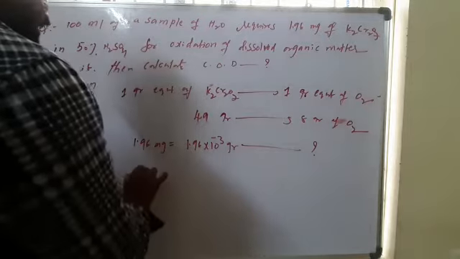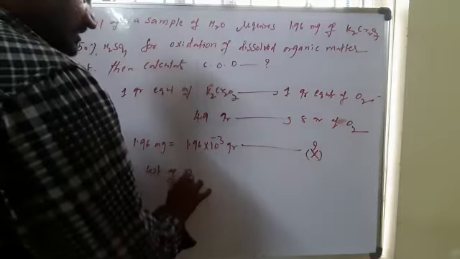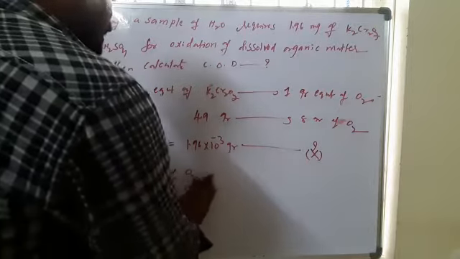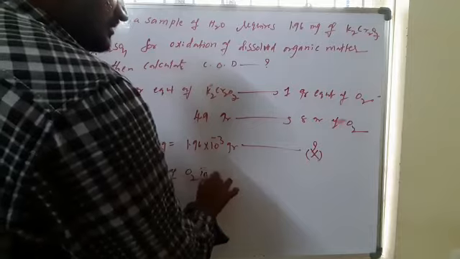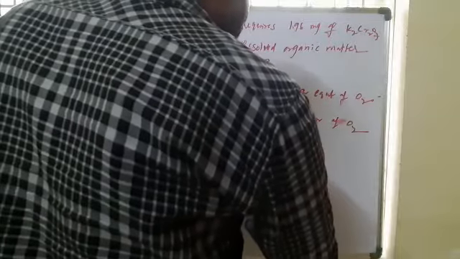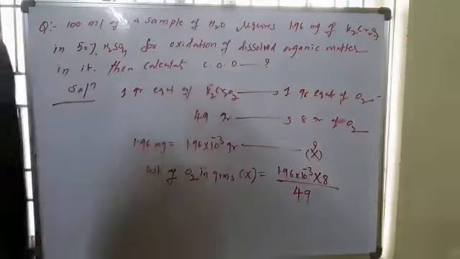Assume the weight of oxygen is X. So X equals, by cross multiplication, 1.96 into 10 power minus 3 into 8 by 49.